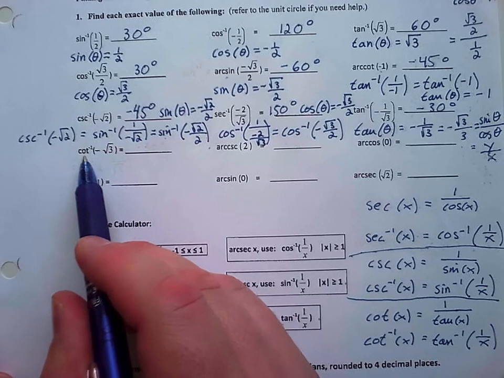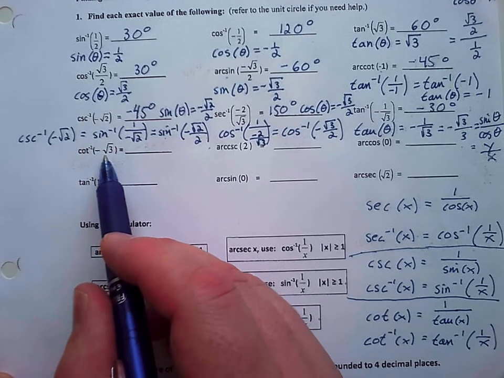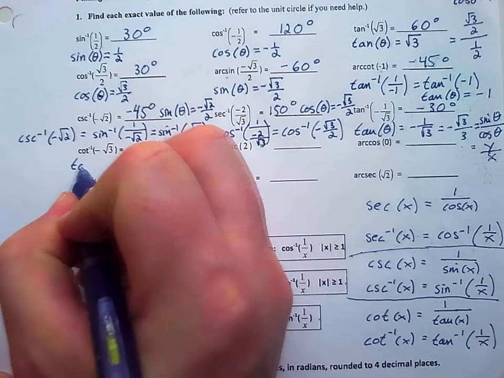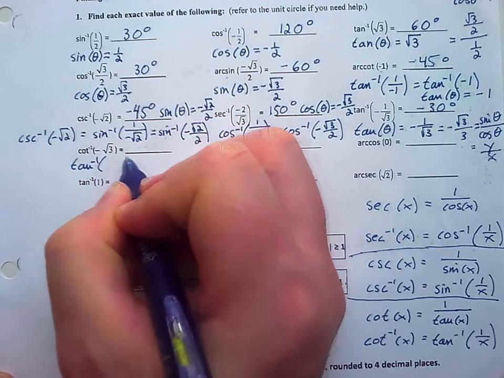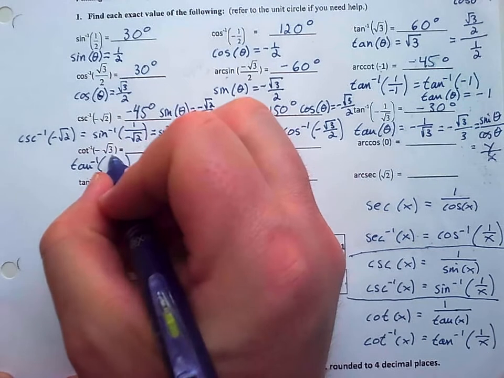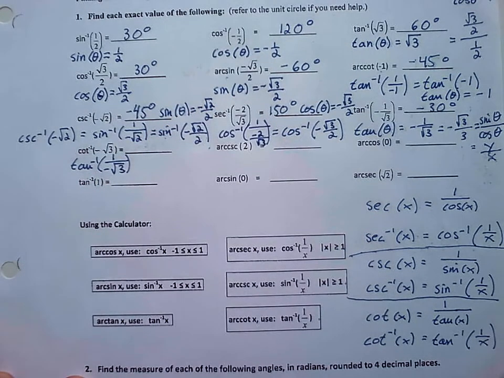Right. For the next problem, the arc cotangent of negative square root of 3, for the arc cotangent of x, we can rewrite this as the arctangent of 1 over x. So it's going to become 1 over negative square root of 3.